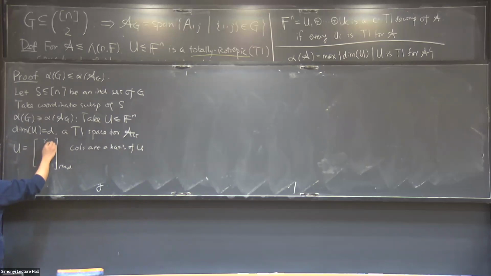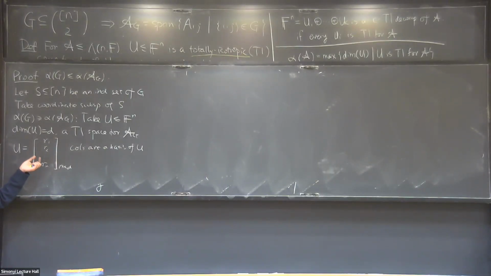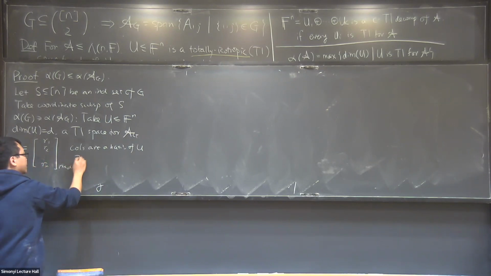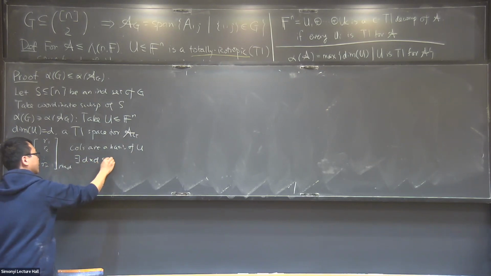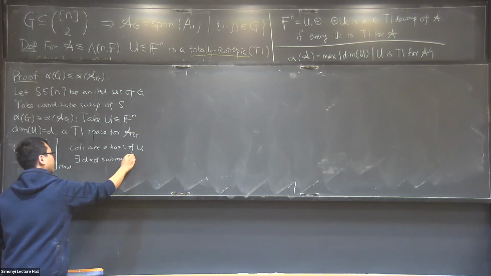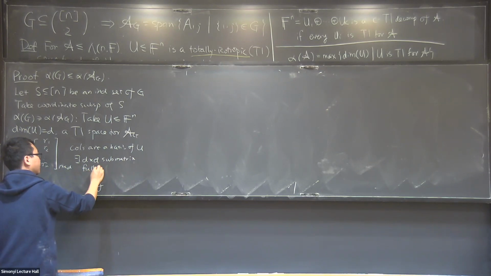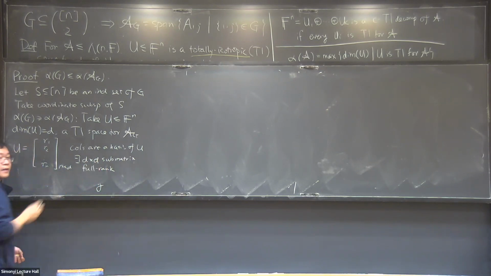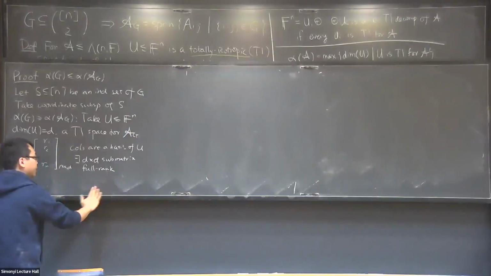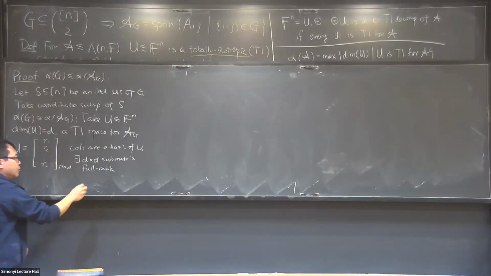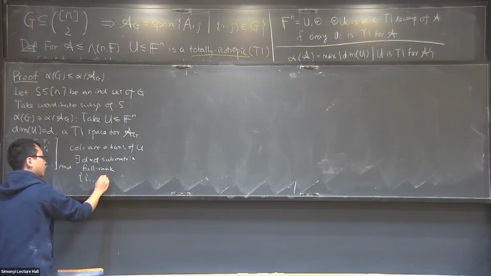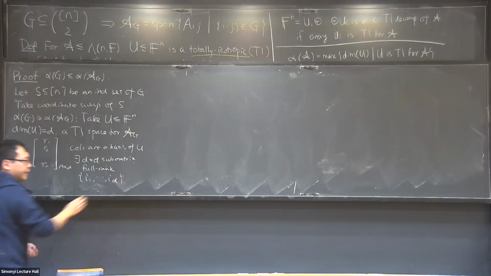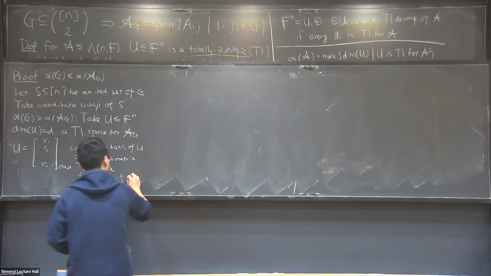Let's say the rows are R1, R2, up to Rn. Because the dimension is d, we know that there exists a d by d submatrix that is full rank, right? Let the row indices of this submatrix be i1 up to id.